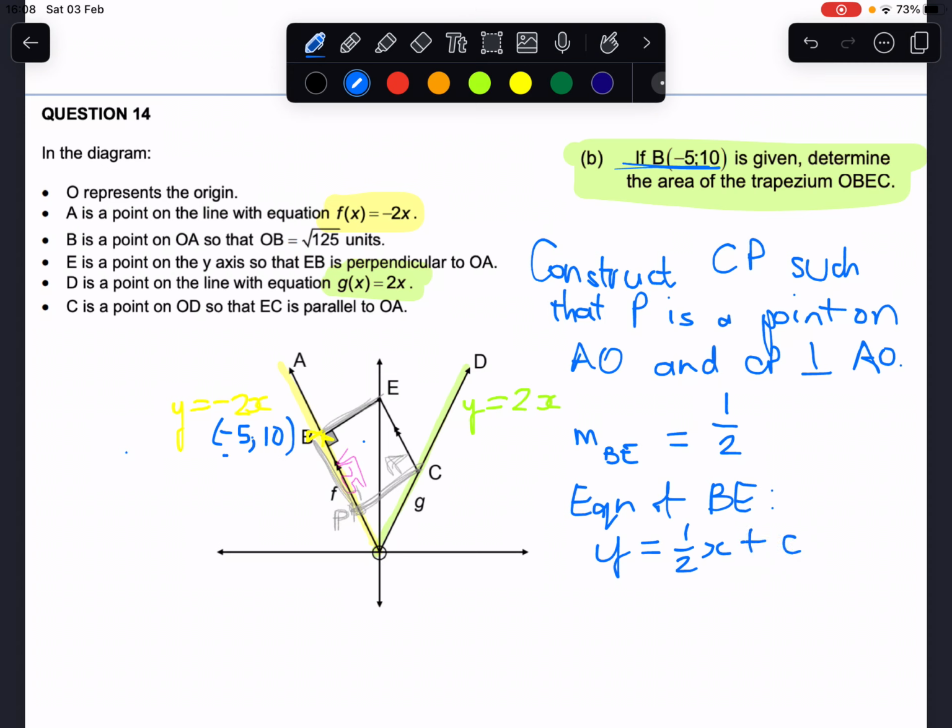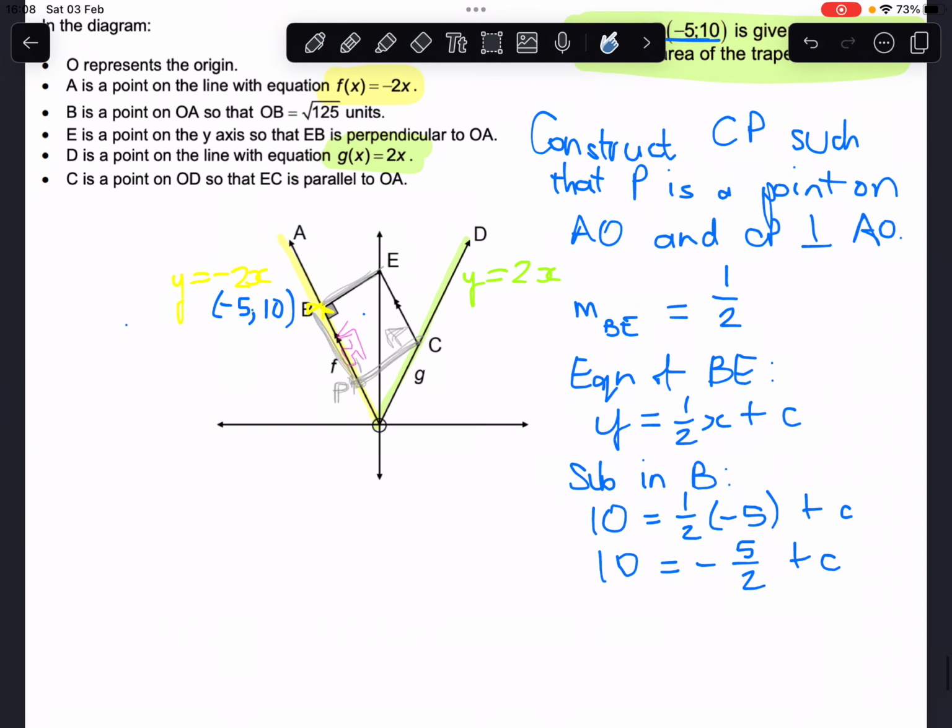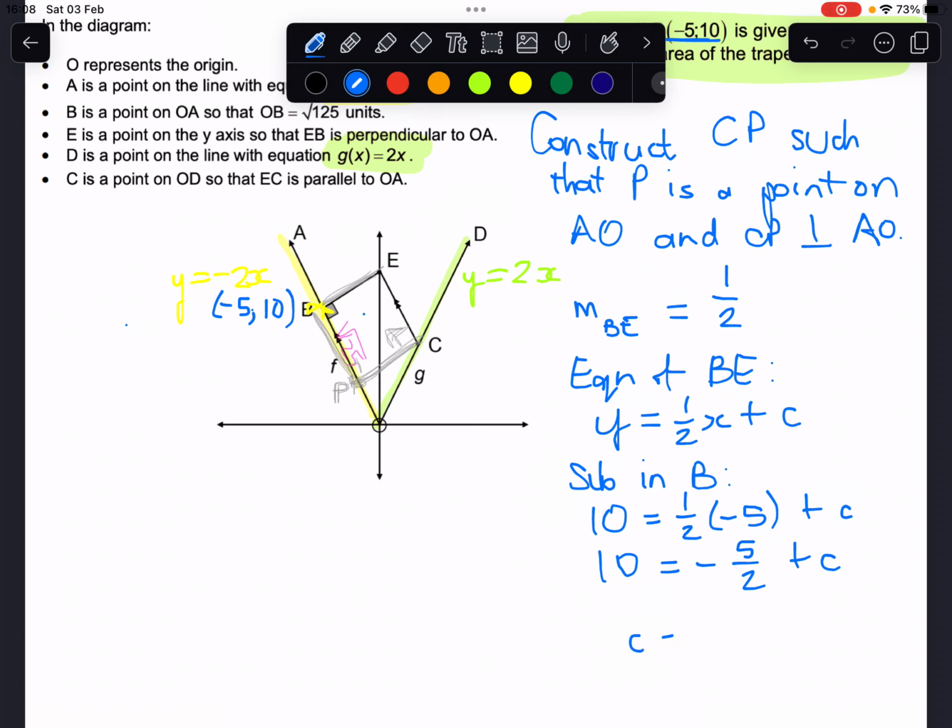We know the coordinates of one of the points on that line, -5 and 10, so we're going to sub in that point. y is 10, x is -5, so we've got 10 = -5/2 + c. And so c is equal to 10 + 5/2, which ends up being 25/2, I think.